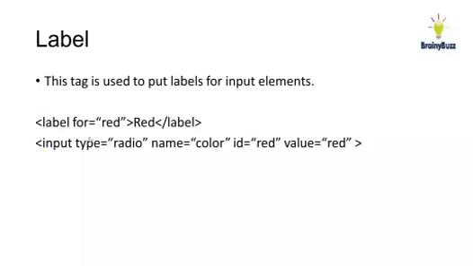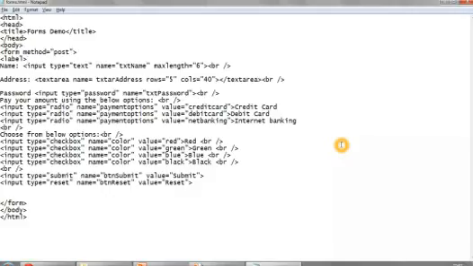Over here we have to mention the for attribute, which means the ID of the particular control that you want to associate this label to. Like I want to put a label for the radio button with the ID red, so this label will be for this particular input type. Now I want to put the label for the text box. I should mention the ID over here.